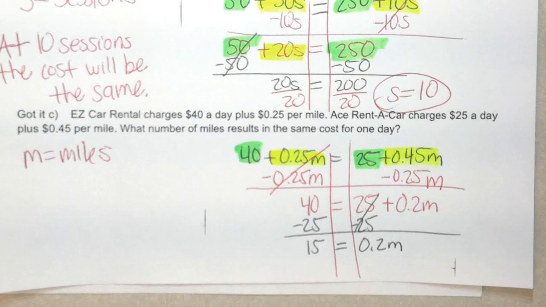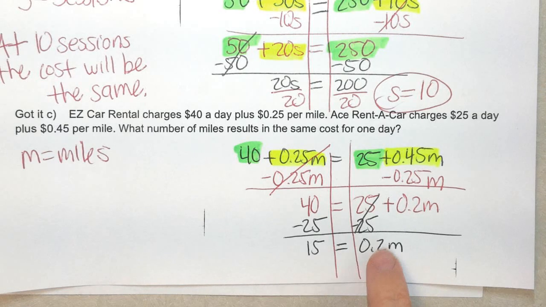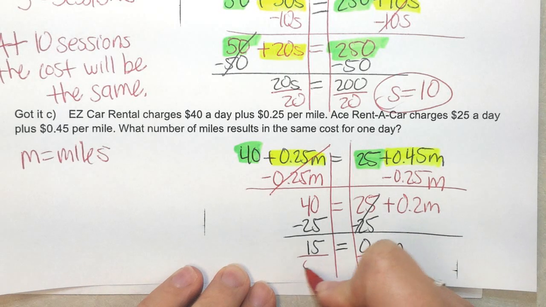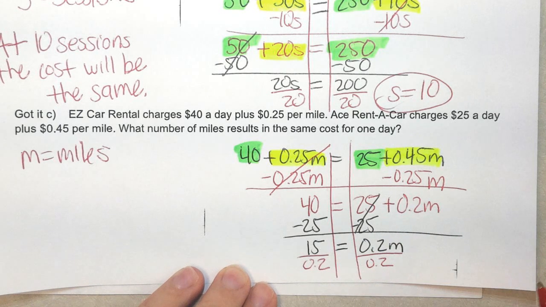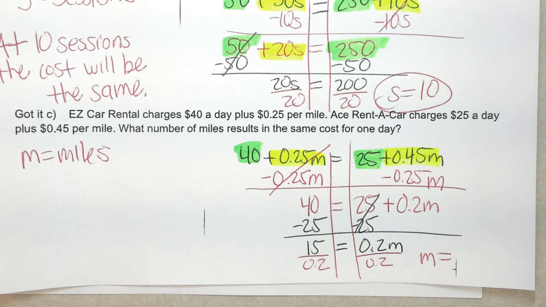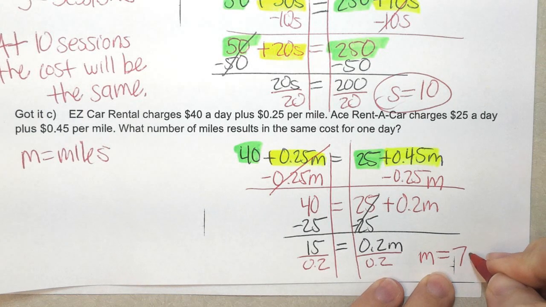So what would I need to do, Haley, here? How would I get rid of my coefficient? Divide. Very good. Divide by 0.2 on both sides. And when I do that, what do you end up getting as your answer? 70, or now that I give you the answer, m is equal to 70.